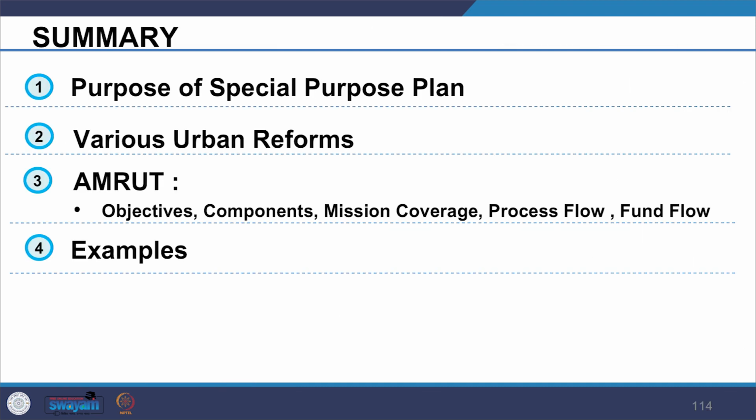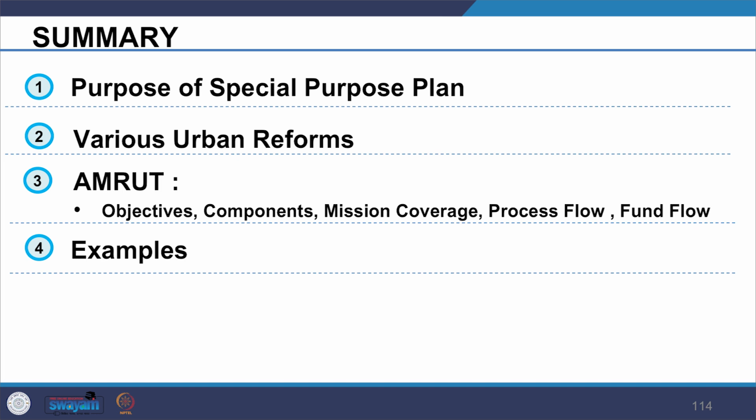So, when we summarize, we see what kind of special purpose plans these are, and they are aligned with the mission. Today we saw AMRUT, and through that how these special purpose plans are linked with the vision, with the state level plans, and then how at the urban local level plans and different projects are being formulated.